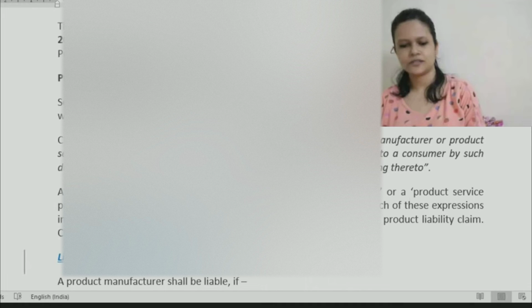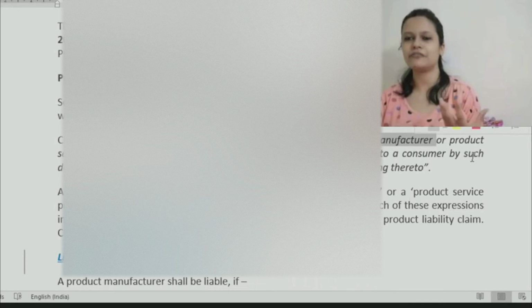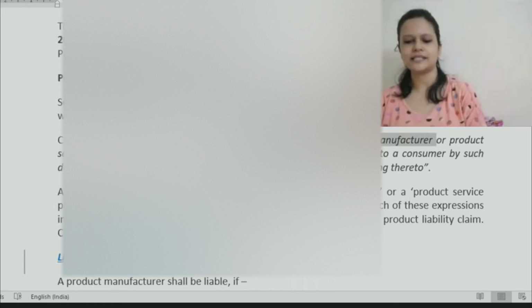Product liability is also defined as the responsibility of a product manufacturer. You cannot simply make something and keep that open for the public to use. You need to ensure it's safe for people to use also. So product liability includes responsibility, and if you fail to fulfill your responsibility, you will accordingly be held liable.